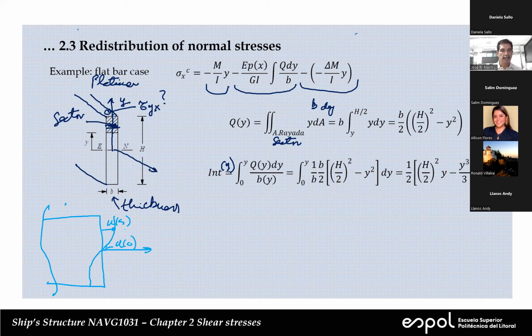And basically, this difference is proportional to this amount here. Okay, so as we increase y, we're going to increase this difference. If y equals 0, of course, it's the same value, so the difference is 0. Okay, so this is the integral that we have here.